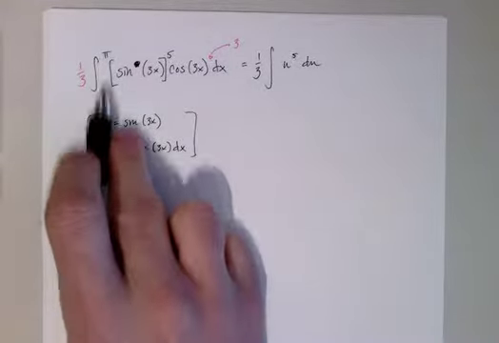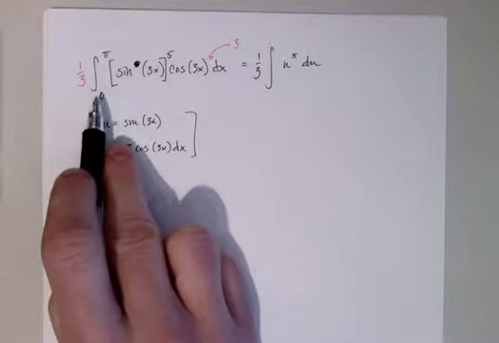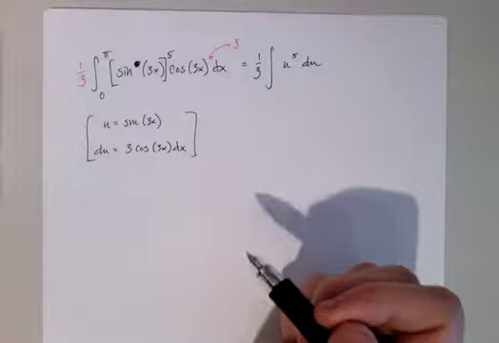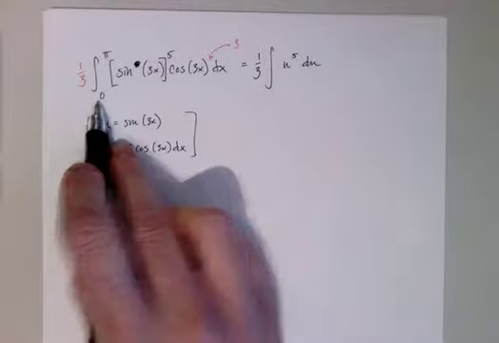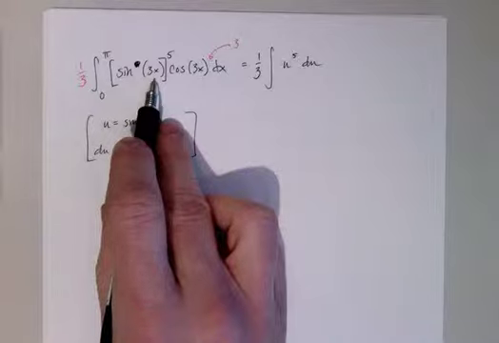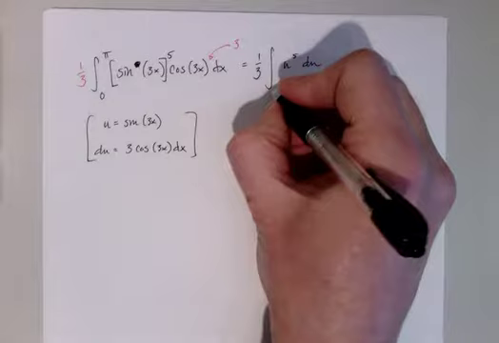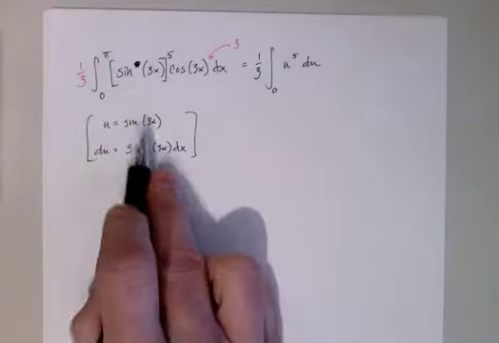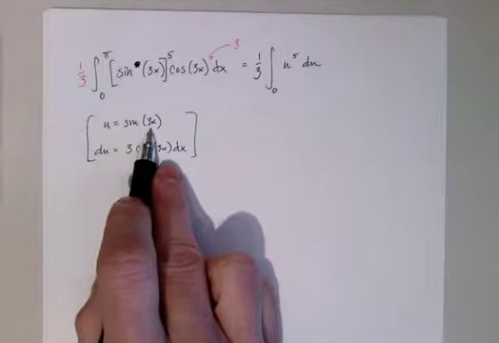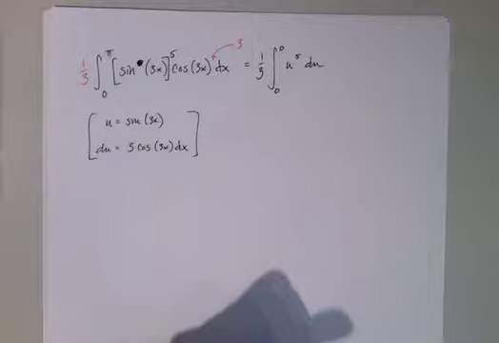these limits of integration are in terms of x, okay? What I need are limits in terms of u. So I need to know, okay, if I plug in 0, sine is going to give me 0. If I plug in pi, sine of 3 pi is again 0.